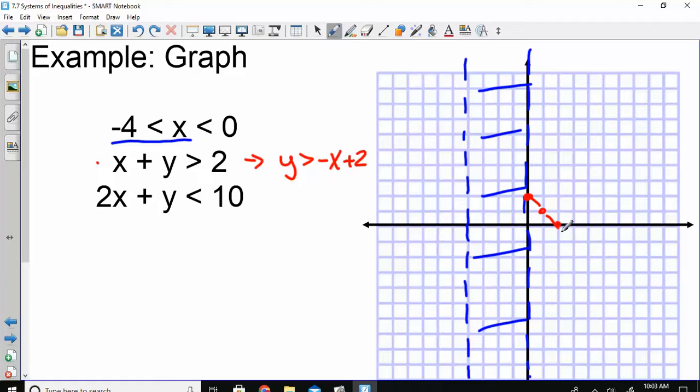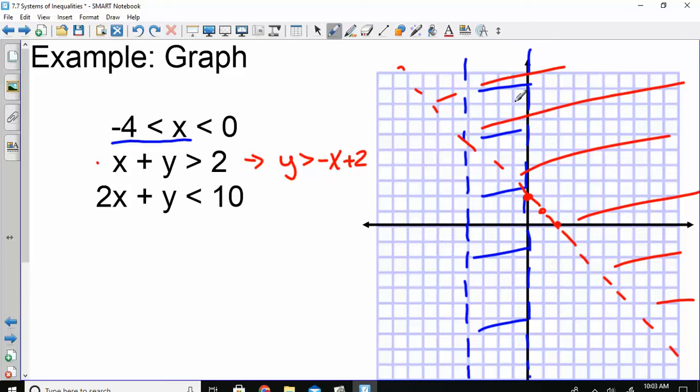Dash. Greater than means I am shading above. Less than is below, greater than is above. Or you could pick a test point if you weren't sure. So far, my overlap is this little section up here.